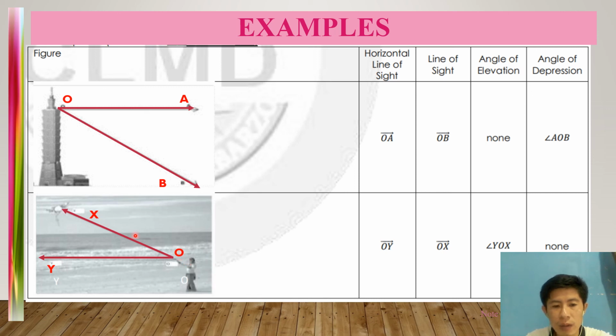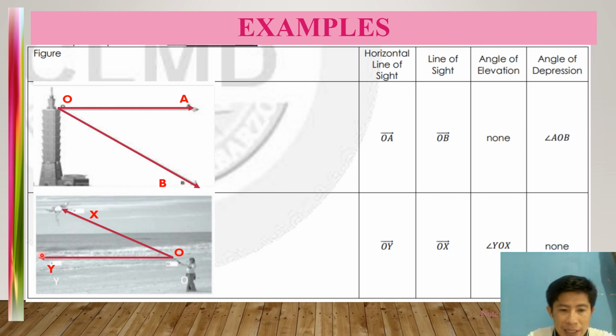Ray OX. Magsisimula lagi sa mata. Okay. So, kung napapansin nyo, pataas siya doon, no? Nakatingin siya sa taas. Kasi yung object niya, which the kite, nasa taas siya. Kaya yan ay yung ating line of sight above the observer. Pero no need to put it in your answer sheet. Huwag nang ilalagay. Ilalagay lang dyan ay yung OX.